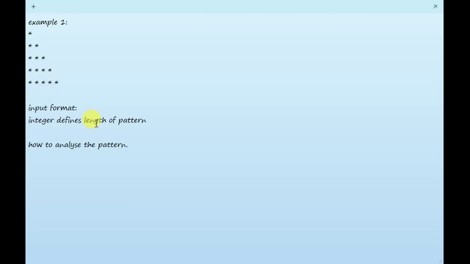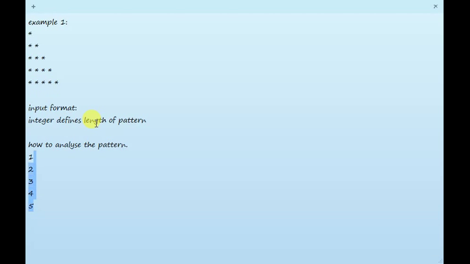The first line prints one star, the second line prints 2 stars, the third line prints 3, the fourth line prints 4 stars, and the fifth line prints 5 stars. By analyzing this, each and every line prints the number of stars equal to its line number.